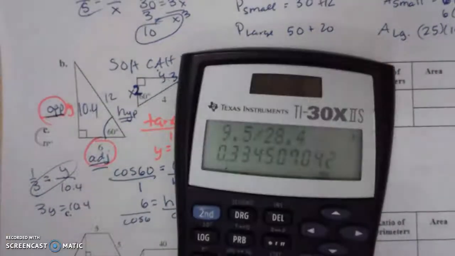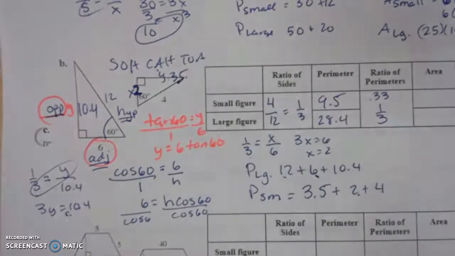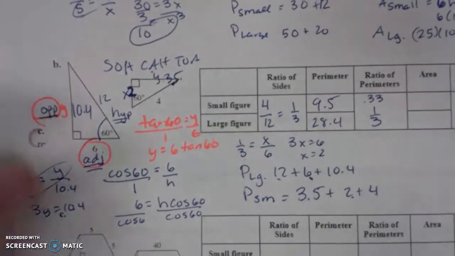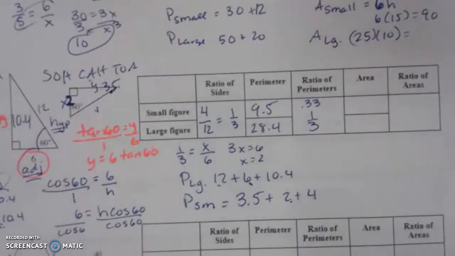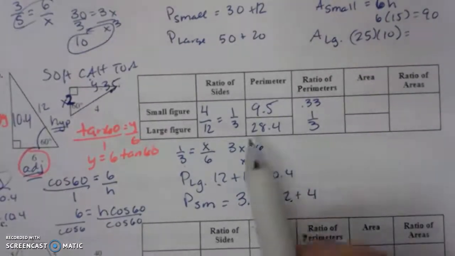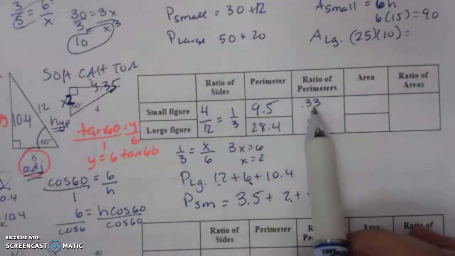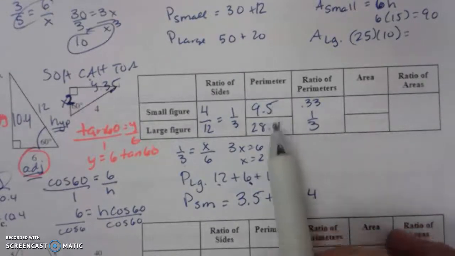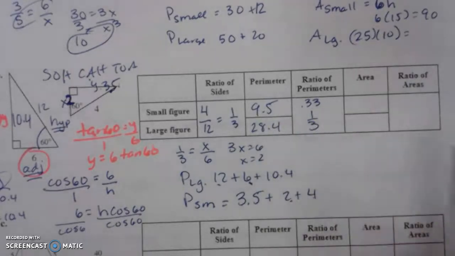And just to prove it to you, 1 divided by 3 is 0.333. So our perimeters and our sides are going to have the same ratio. Now, the reason this didn't come exactly out as 0.333 repeating forever is because we rounded these decimals right here. But we're going to estimate that it's 1/3.